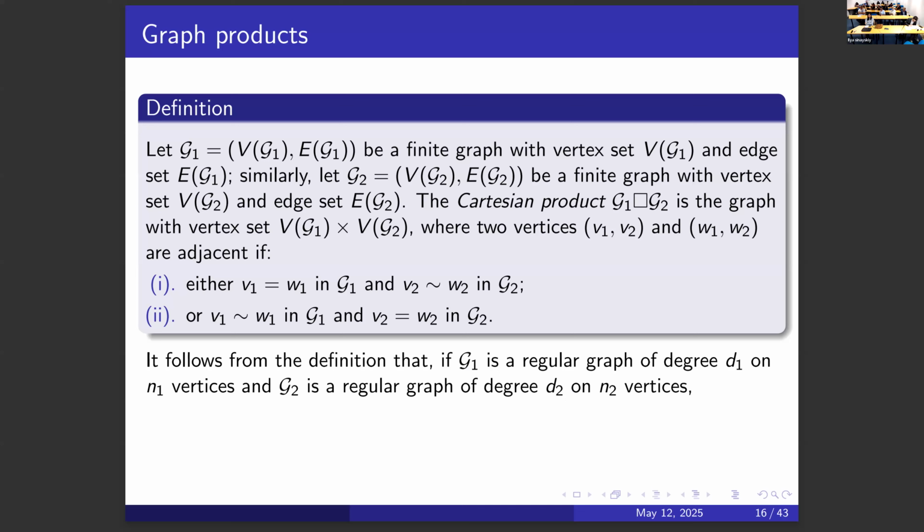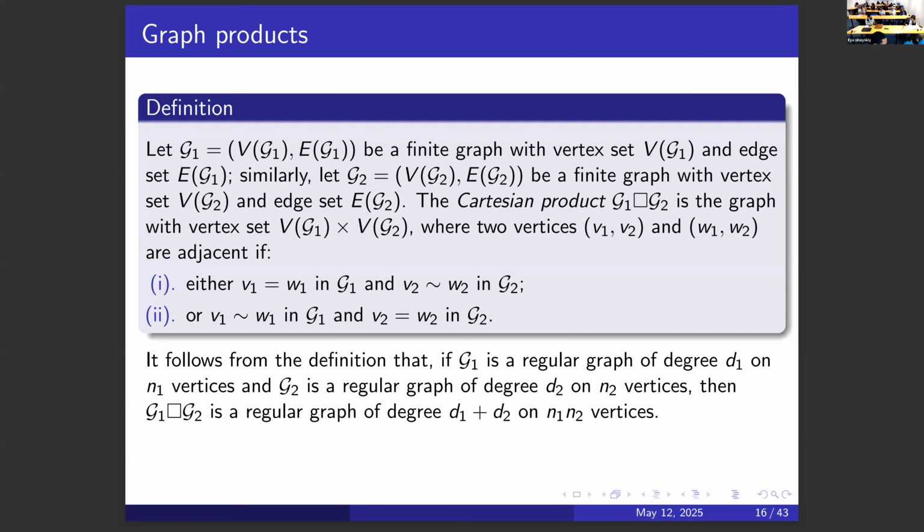So it follows that if G1 is a regular graph of degree D1 on N1 vertices, and G2 is a regular graph, which is what happens with the Cayley graph, of degree D2 on N2 vertices, then this is the notation that we give for the direct product of these graphs. Then the resulting regular graph is going to have degree D1 plus D2 and N1 times N2 vertices, which you'd expect.